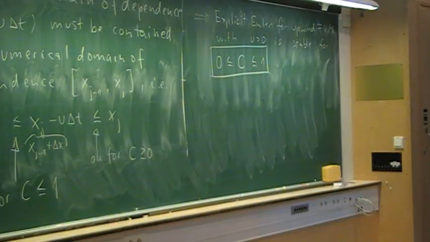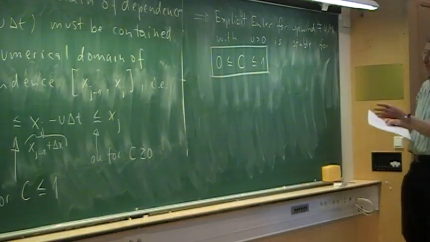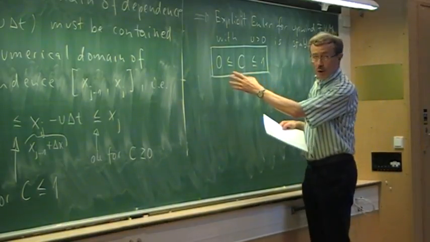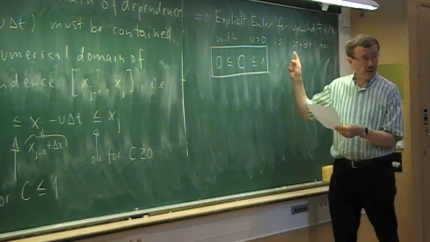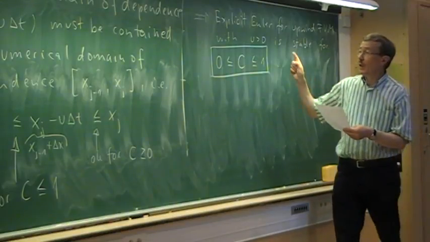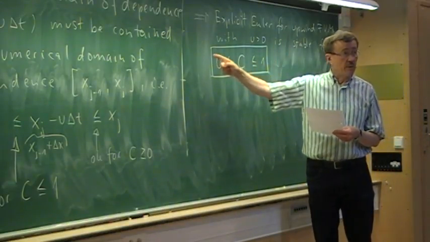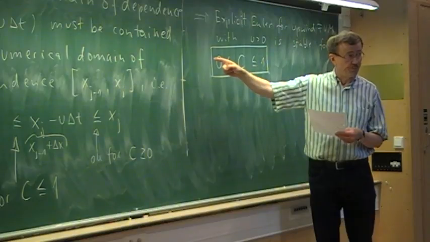If we would use the Upwind method with u negative, then we would get that C has to be smaller than 0, because C is u delta t over delta x, but greater or equal than minus 1.